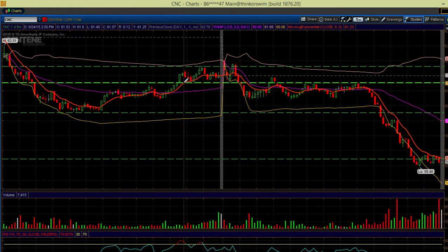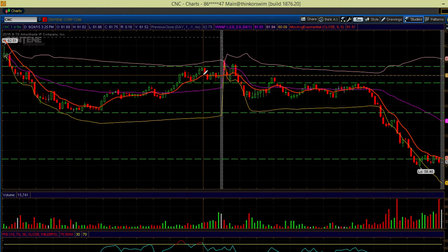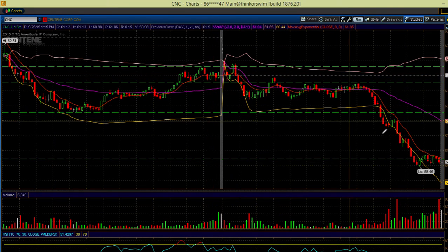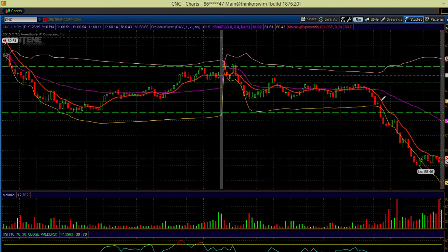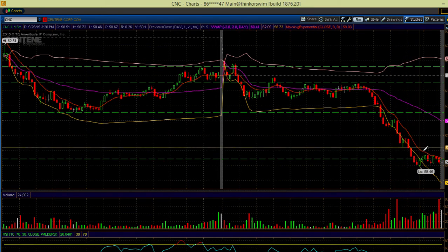And once the trade works, this is my moving support. Once this moving support breaks or fails, I'm out of the trade. I'm going to take my profit. It's a profitable trade. So that's another area of support and resistance that I use, or another indicator that I use in my trading.